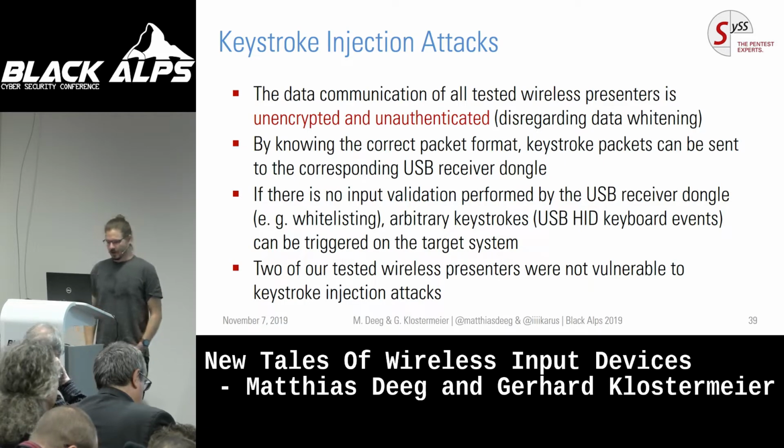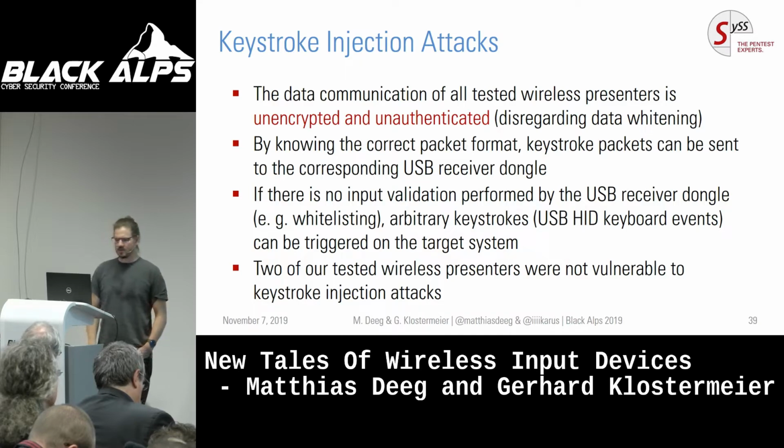And we found out that 2 of them actually had some kind of whitelisting, not accepting the keys that easily, but most of them were just vulnerable to these keystroke injection attacks.